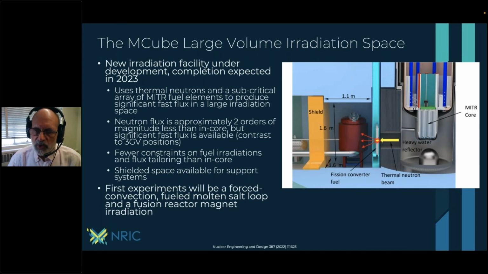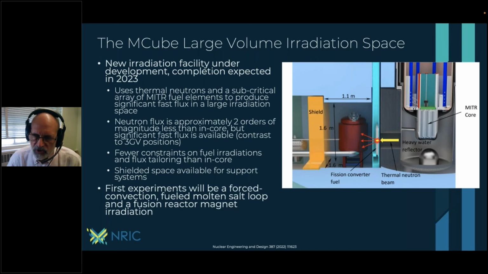But we have a fission converter that was originally used for boron neutron capture therapy, and similar to a booster fuel idea, we take neutrons from the reactor, we run them into a separate tank with fuel elements, the same fuel elements we use in core, but in a subcritical configuration. But we get a new fission spectrum there, and then we can run that fission spectrum, and we've just shown a very schematic idea of something that we could irradiate in there.